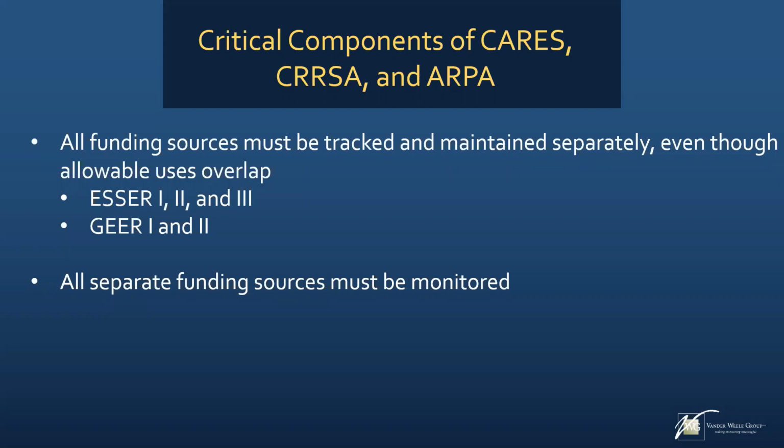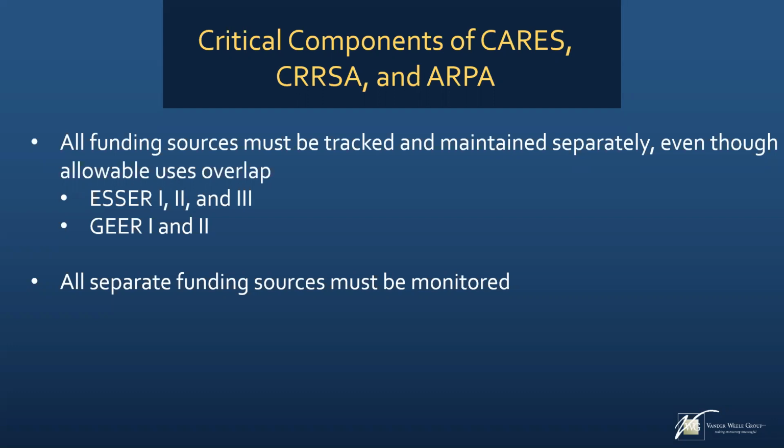CRRSA and ARPA add a little bit, but the big difference between this and other federal funding sources, such as Title I, is that Title I is tracked, and you may have to differentiate when a fiscal year ends, but everything is under Title I. For these COVID-19 relief legislation and the funding that goes with it, all funding sources must be tracked and maintained separately, even though the allowable uses overlap.